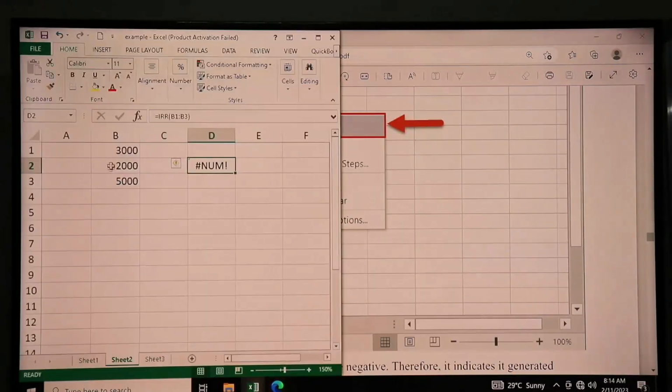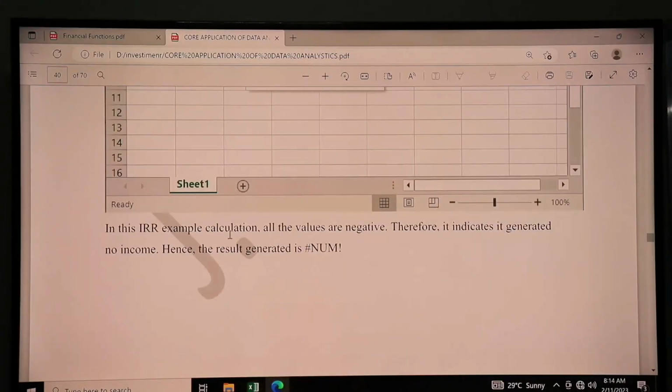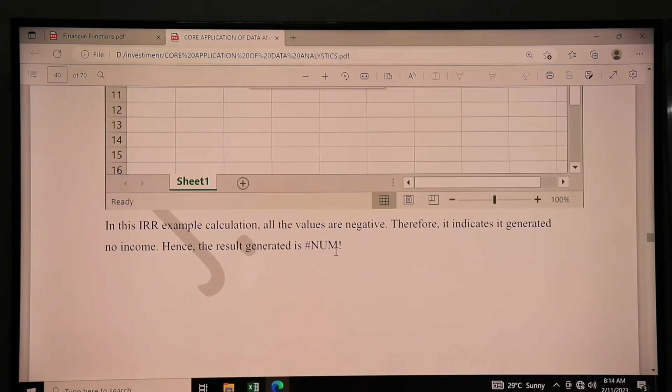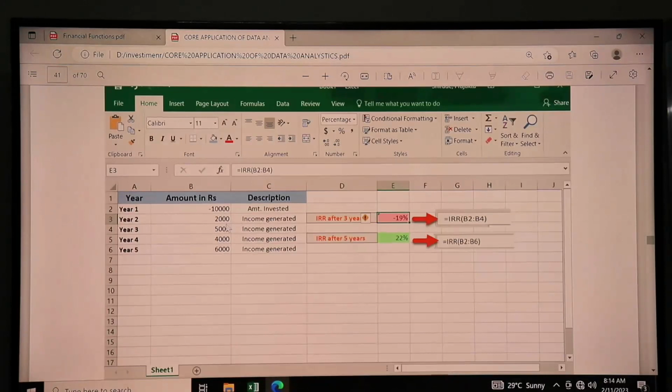That is, you invested 3,000, but the first one gave a loss of minus 2,000, and the second one gave a loss again of minus 5,000. Then it will give you a NUM error here, since when you're running this, at least some figures must be positive and others negative. So you must at least have some negative values and some positive values.